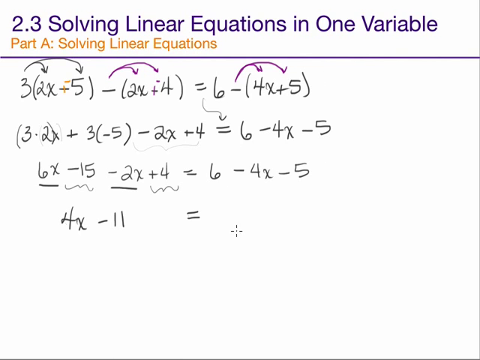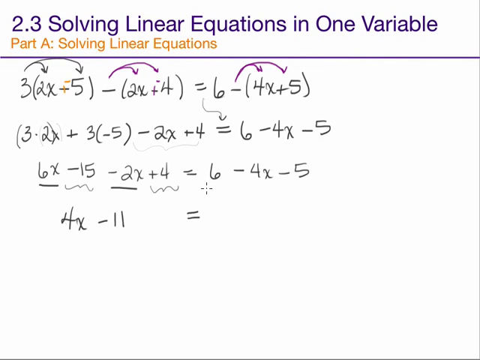I haven't done anything to move something from one side to the other yet. That's a good rule of thumb. Simplify the left-hand side as much as you can. Simplify the right-hand side as much as you can. And only when you've got it down to as few terms as possible, only then should you add something to both sides, subtract from both sides, multiply or divide both sides.